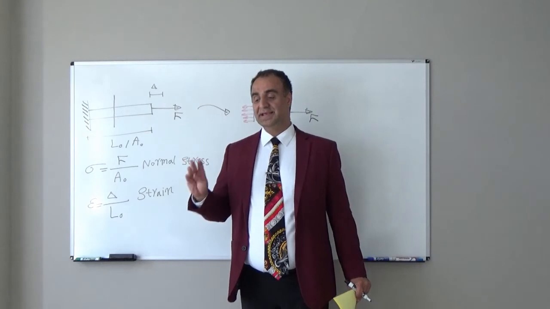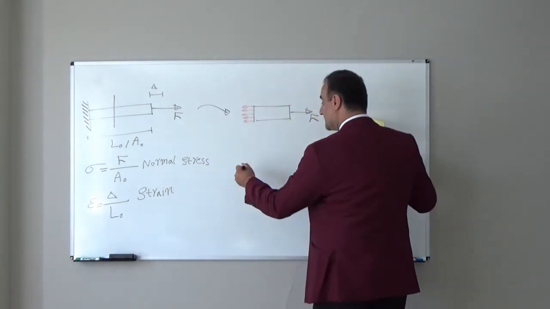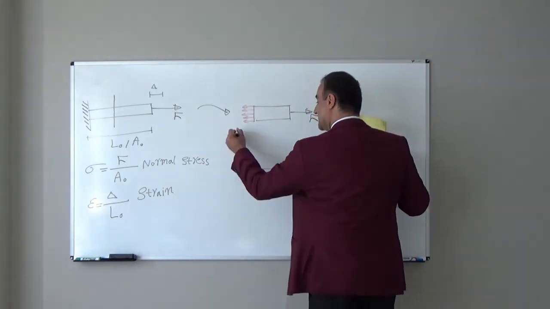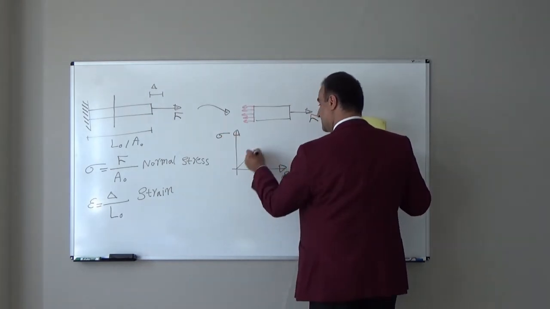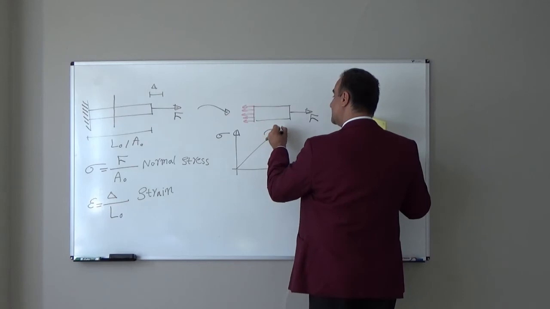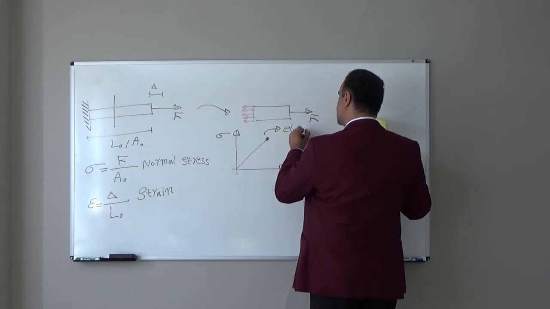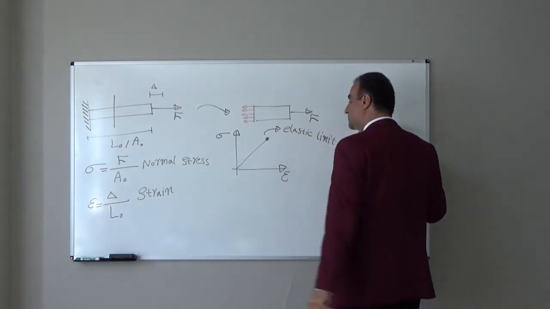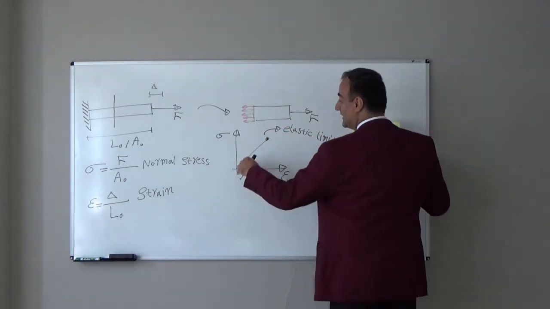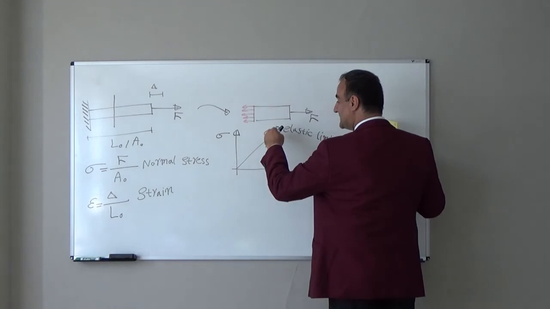So for linear elastic material, up to a certain amount of stress, which we call the elastic limit or limit of proportionality, the relationship is linear elastic.